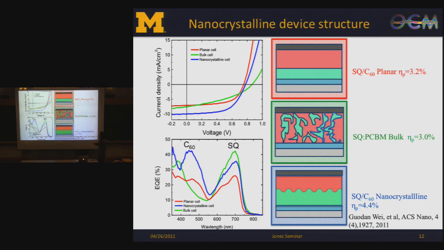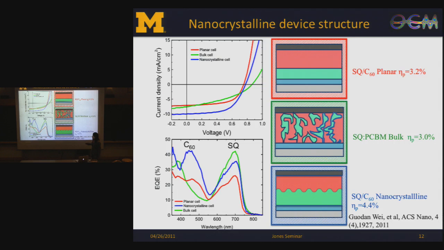The left image shows the IV measurement of the three devices. As I just mentioned, if you want the maximum efficiency, you want the current-voltage curve to be the most box-like. We can see the nanocrystalline cell has the most box-like IV curve, and it also has the maximum photocurrent.